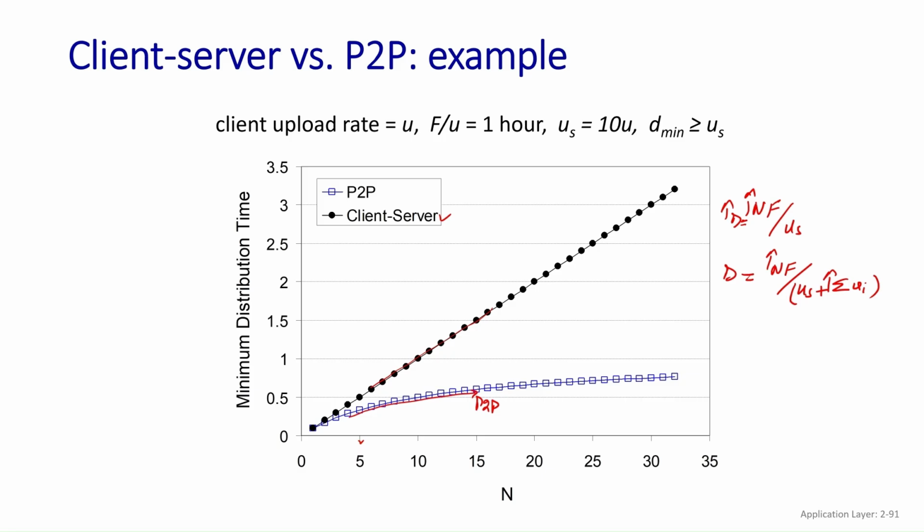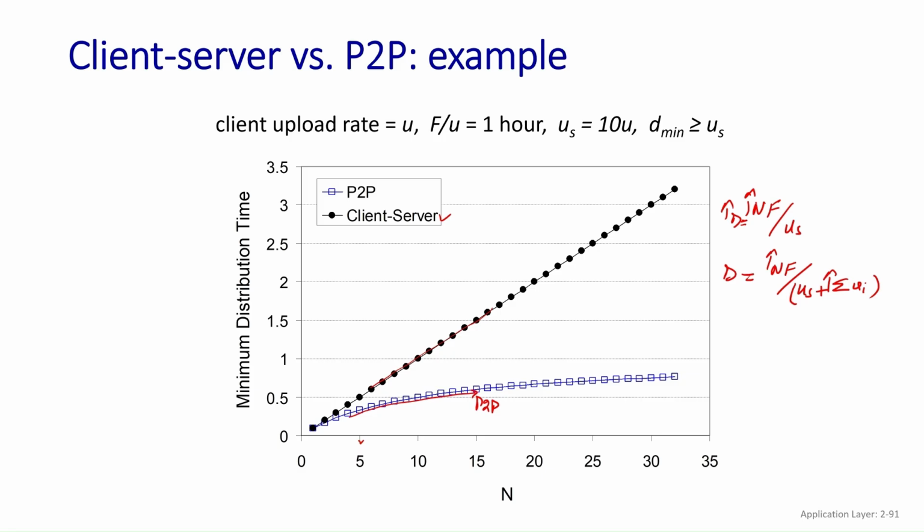Why? Because we do not need to add more servers or resources to maintain the file distribution time. But to maintain the file distribution time in a client-server environment, I need to add more servers.